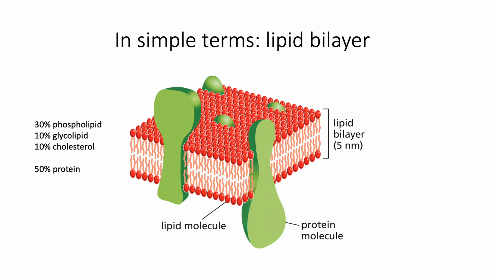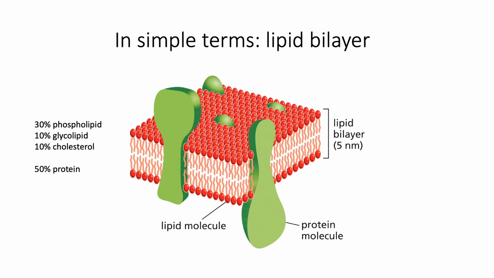And of course those lipids arrange themselves so the interior of the lipid bilayer is hydrophobic and the exterior is hydrophilic. So 50% of the membrane is lipid. 50% is actually protein, and the proteins are what carry out so many of the functions.